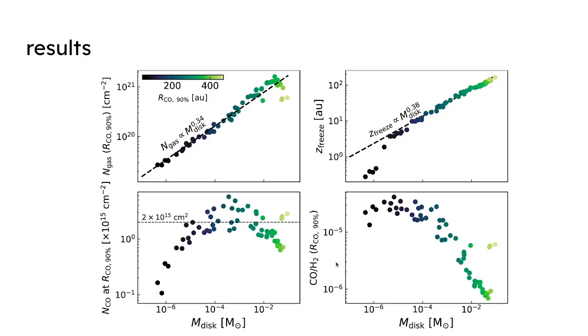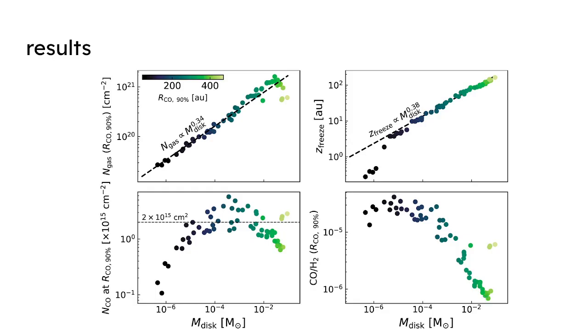And if you divide it by N gas, you get the bottom right figure, which is essentially a column averaged CO abundance. And you see that it falls with mass.